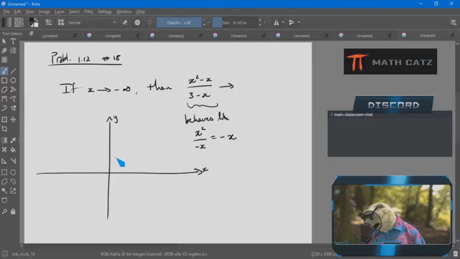y equals negative x. I'm going to have to use my straight line tool for this one. Actually, no, I don't. I need it to be a dotted line. Oh, man. It's close. y equals negative x, it's there. When x approaches negative infinity, I'm going far to the left.